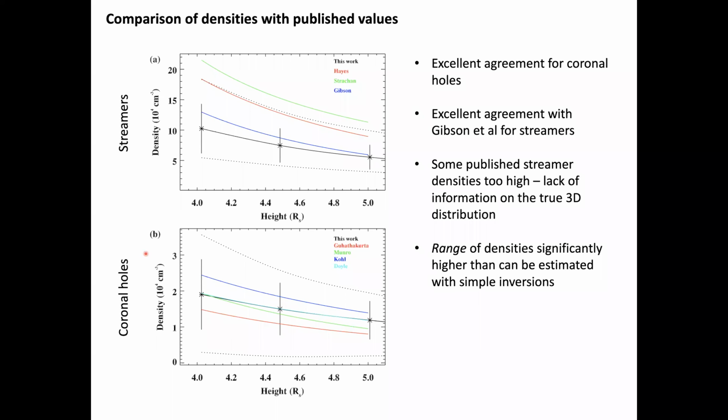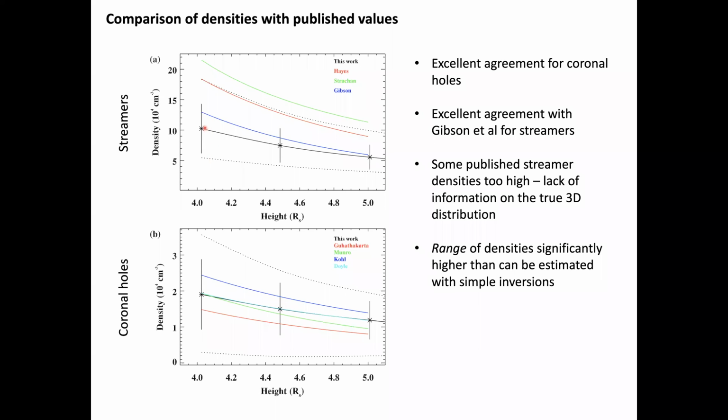When we compare the densities in the tomography maps with previously published values, the tomographical mean density in streamers is shown as the black line here, and the dashed black lines show the 5% minimum and maximum of values we find in the maps.